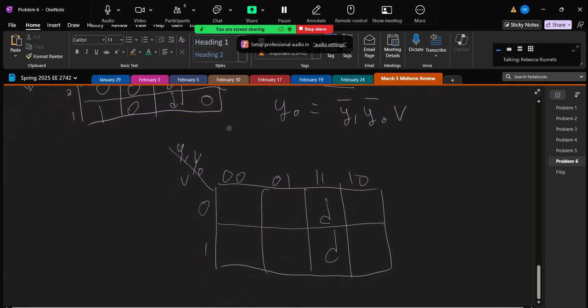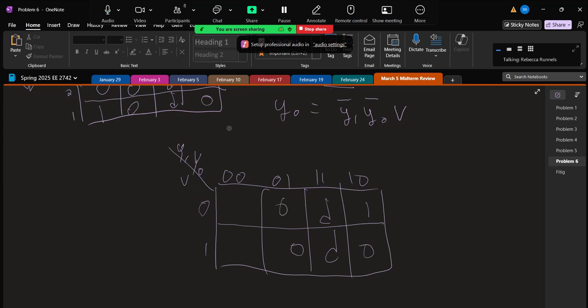Everything else was zeros. So W, that's our output W, equals not V, Y1.